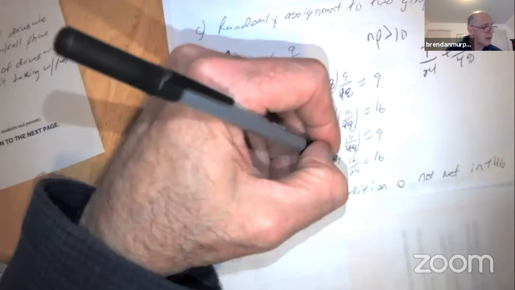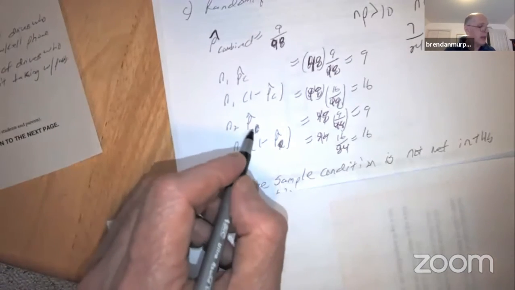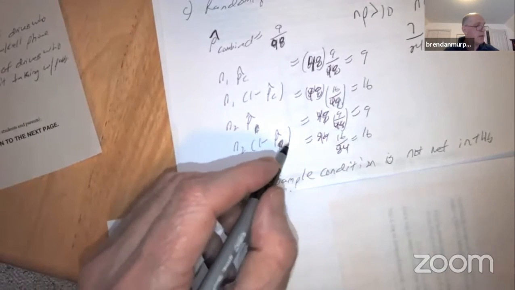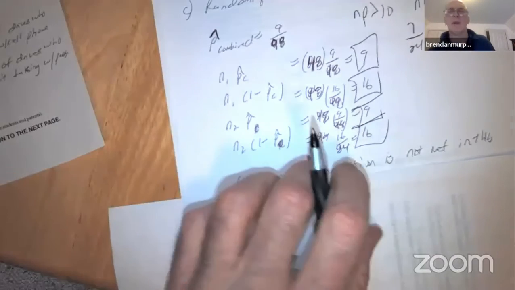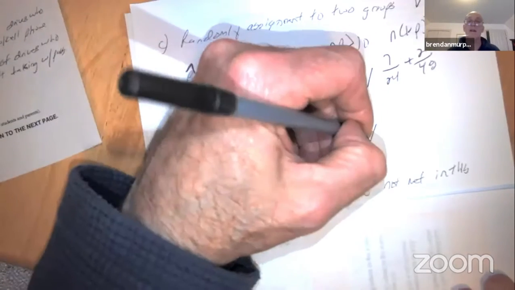Those want to be 48. And so I said N1 times P hat combined, N1 times 1 minus P hat combined, N2 times P hat combined, N2 times 1 minus P hat combined. And you'll see I get those numbers. I believe those numbers are correct. And we want those greater than 10. And well, those two are not greater than 10.